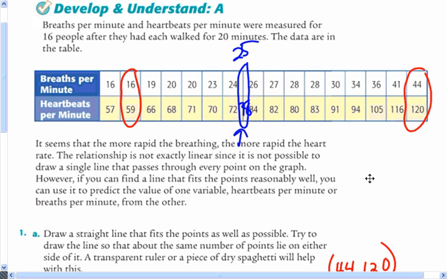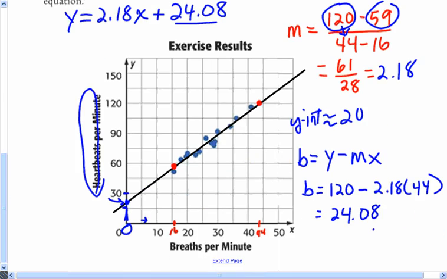All right. Now, we did a lot of guesswork on that one. We kind of guessed where the line is. We used points that maybe didn't hit the line exactly. We may have guessed a little bit about the y-intercept.